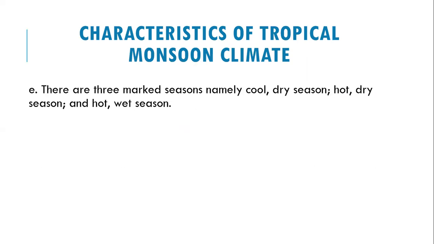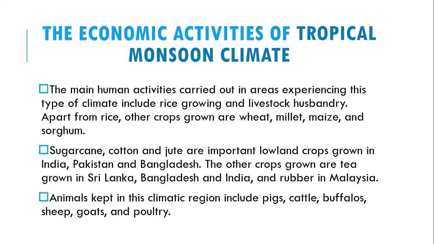The other characteristic is that there are three marked seasons, namely the cool, dry season, the hot, dry season, and the hot, wet season. So these are the three marked tropical monsoon climate seasons. Now let's see the various economic activities of the tropical monsoon climate.